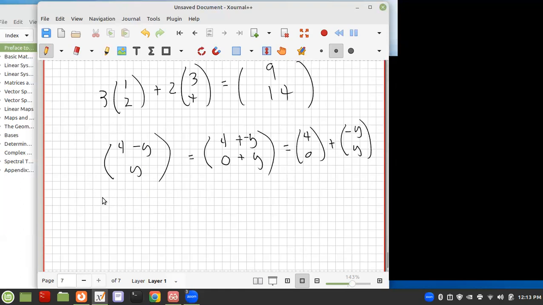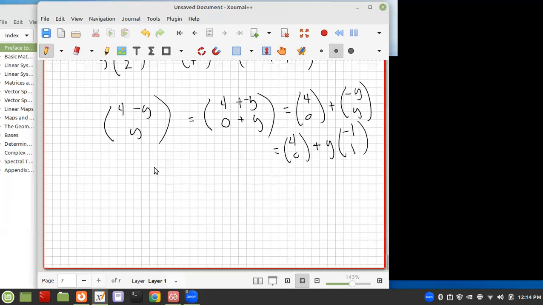Okay, then you can see I have a common factor here in the variable y. I can factor that y out and write 4, 0 plus y times minus 1. Where this is like minus 1 times y and 1 times y, and I just factored out the y. So that's undoing this multiplication operation.